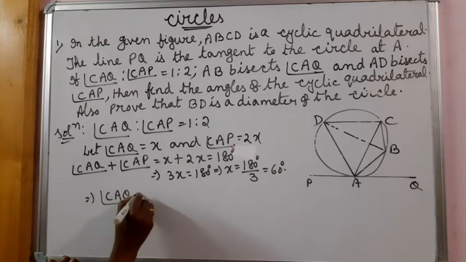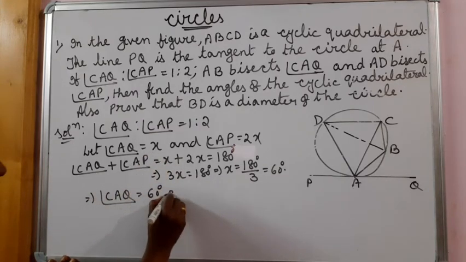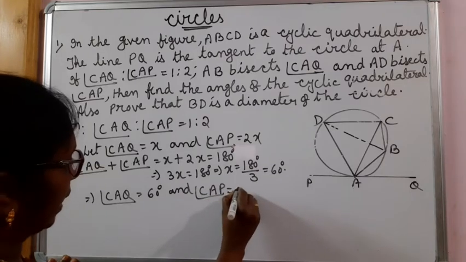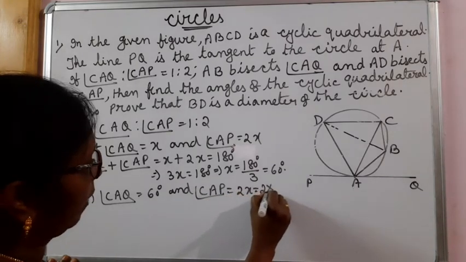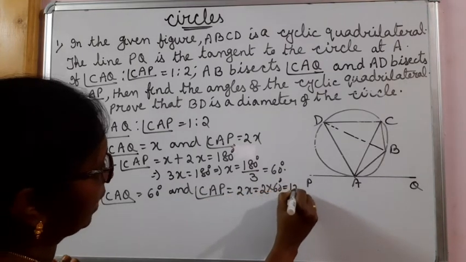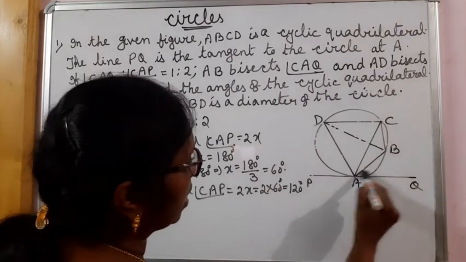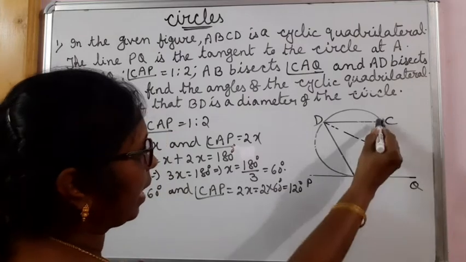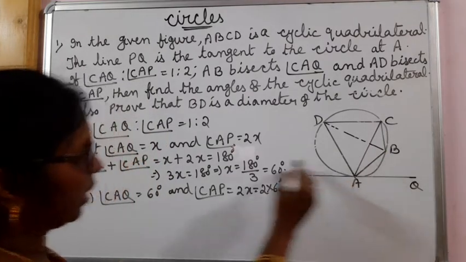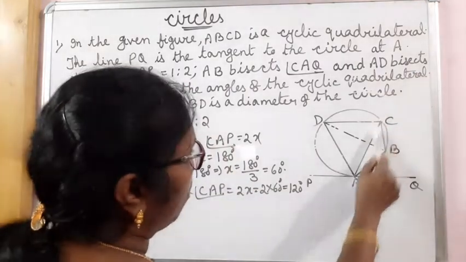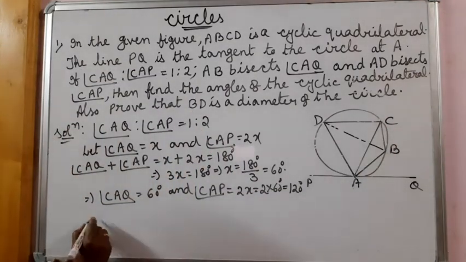So what we got? Angle CAQ is x, that is 60 degrees, and angle CAP is 2x, that is 2 into 60 degrees, that is 120 degrees. So now we got angle CAQ as 60 degrees, angle CAP complete angle 120 degrees. But it is given that AB bisects angle CAQ.